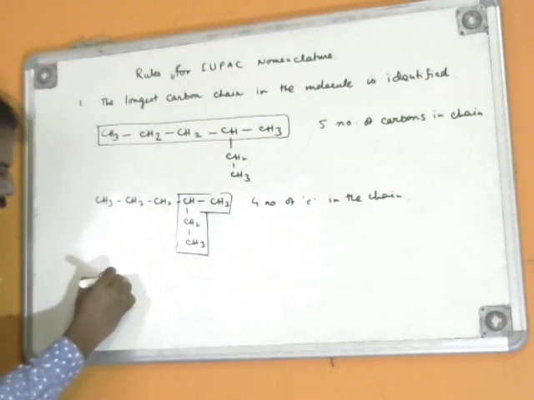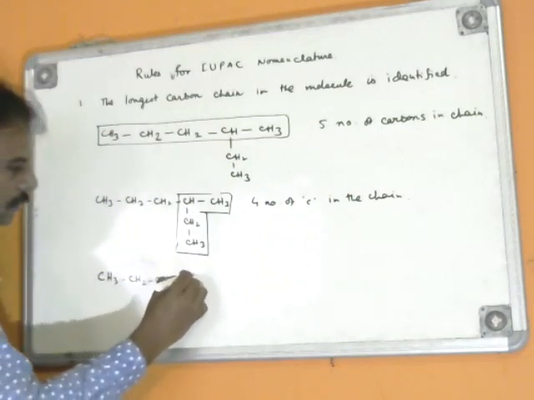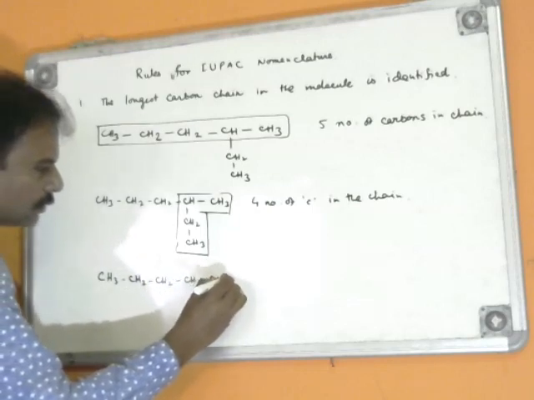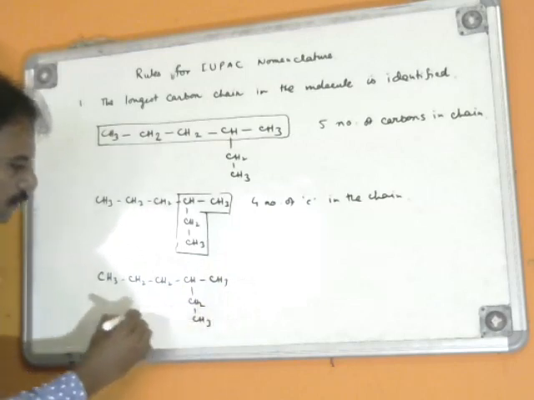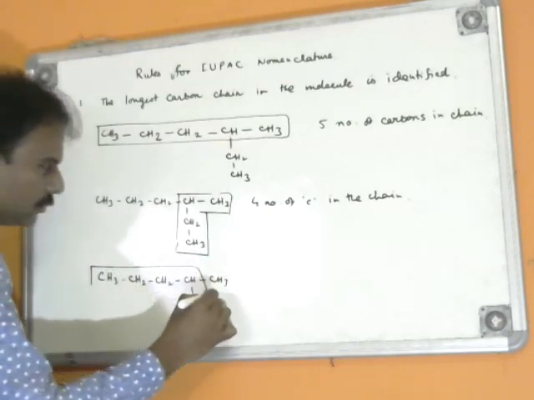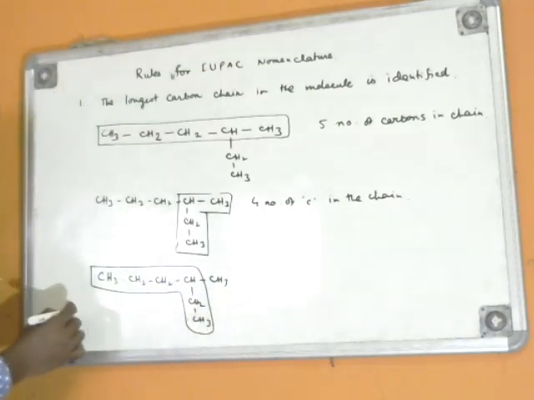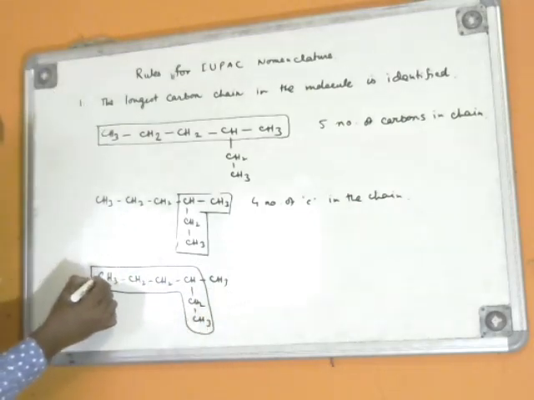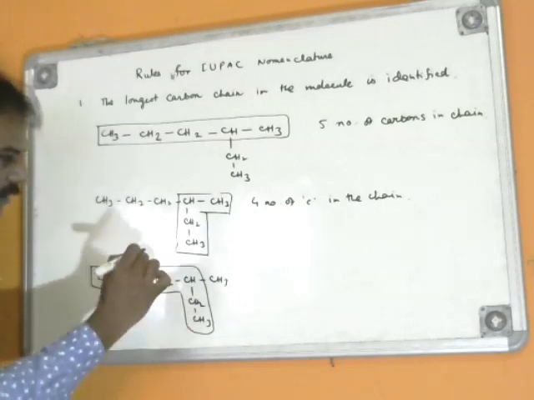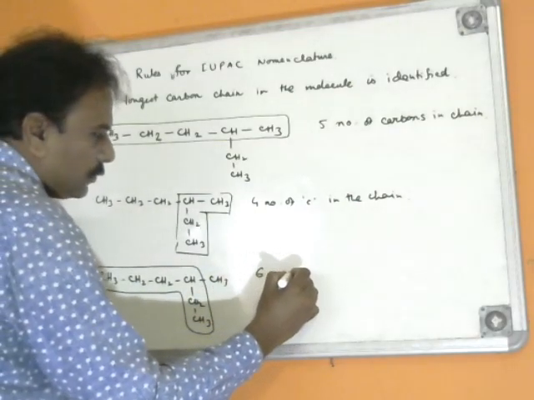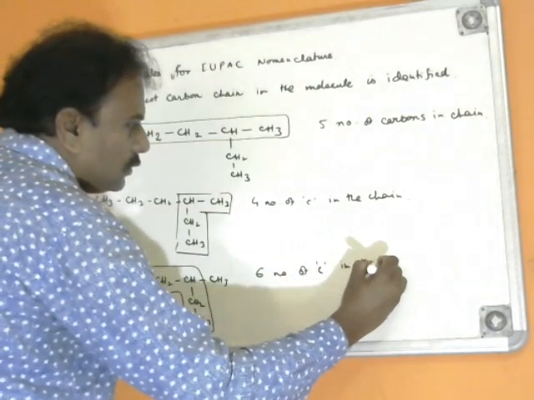Now I am drawing the compound again. There is also a chain of carbon. You can see how many carbons in this chain? 1, 2, 3, 4, 5, 6. So 6 number of carbons in the chain.